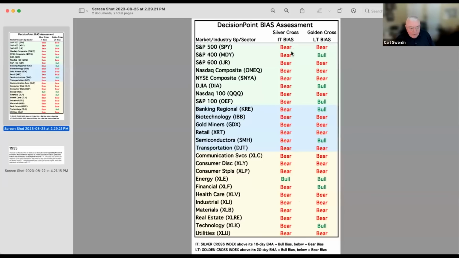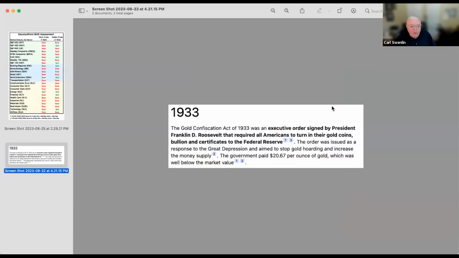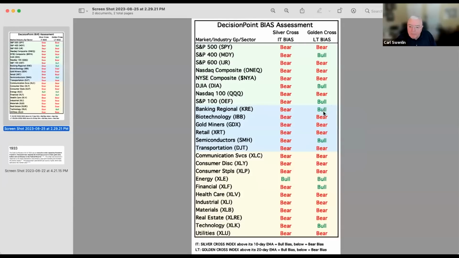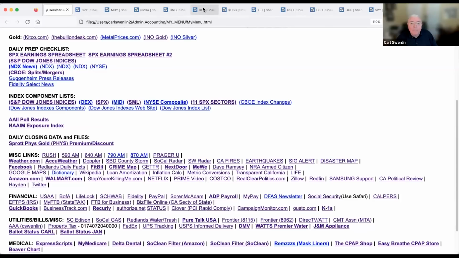That means that the Silver Cross Index for each of these indexes has crossed down through its 10-day moving average. Got more of a mix over here, but I still think there's more bullish than bearish in terms of bias on the long term.